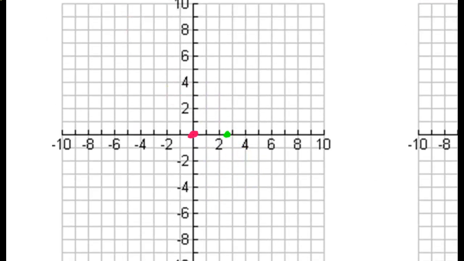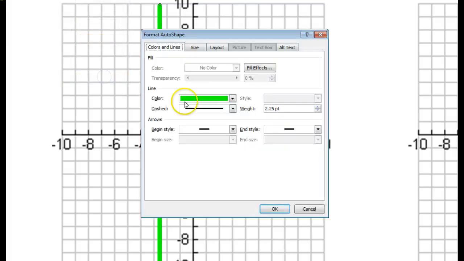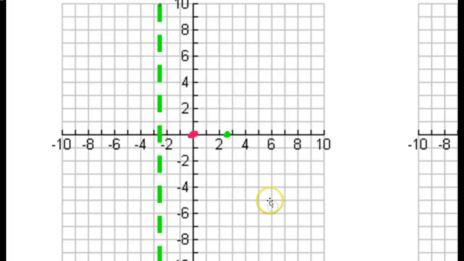So it should be 2.5 to the left. All right, so there's my directrix. And that is vertical, so I've got x equals negative 2.5.